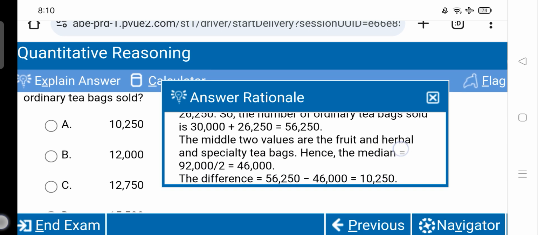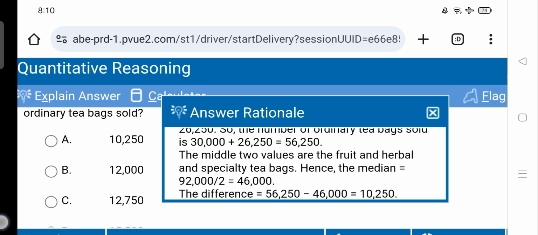The middle two values are the fruit and herbal and specialty tea bags. Hence, the median equals 92,000 divided by 2 equals 46,000.